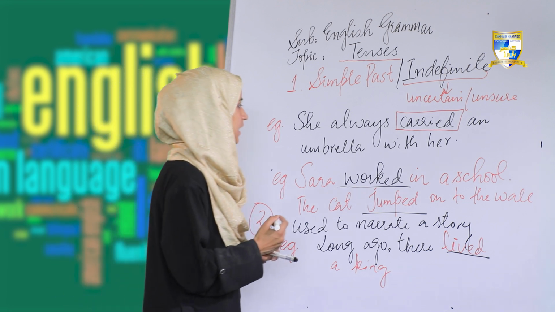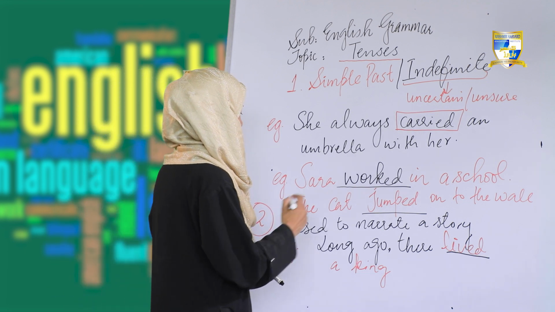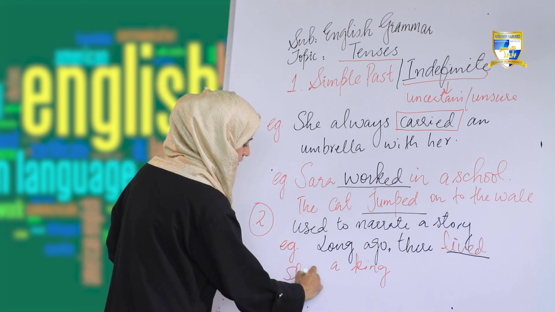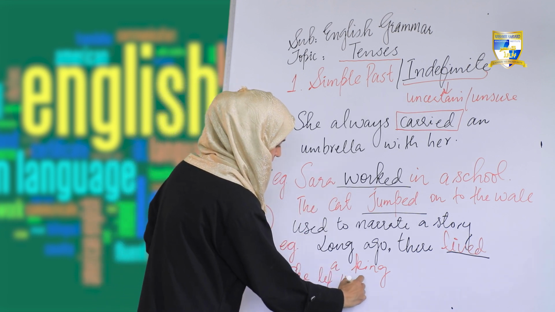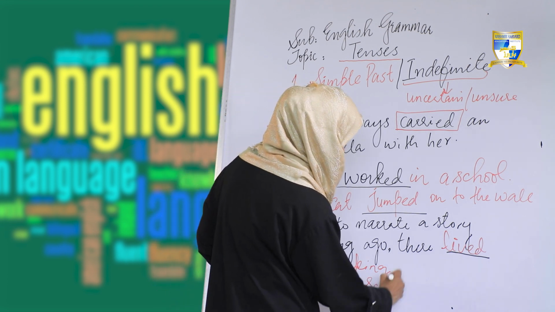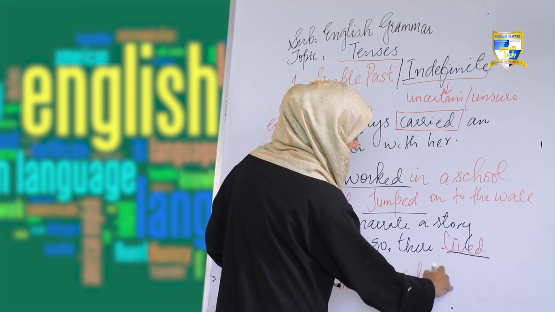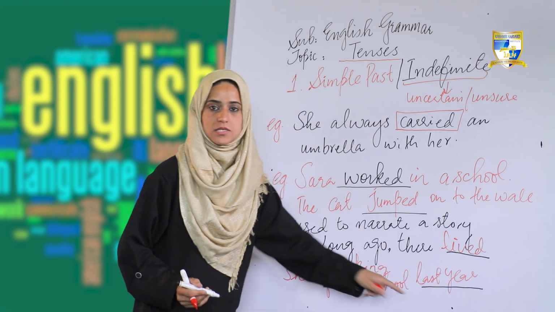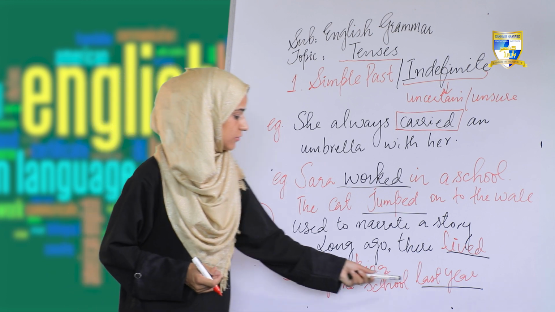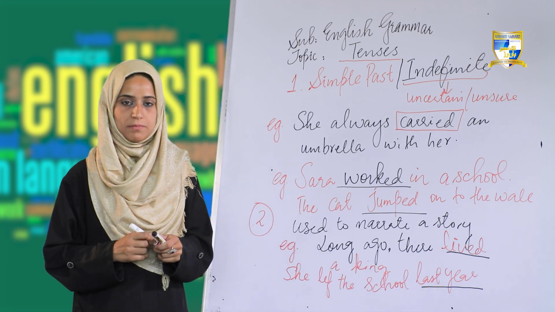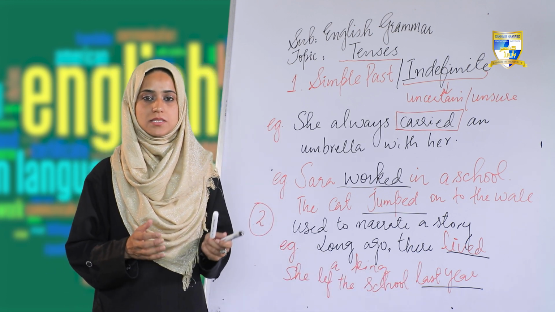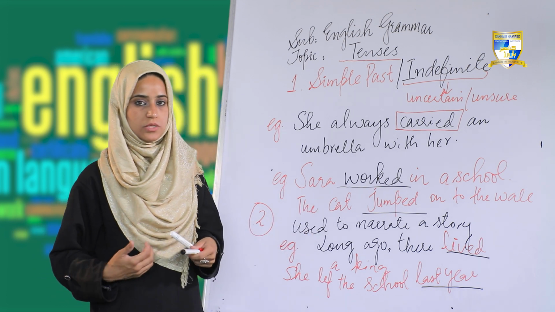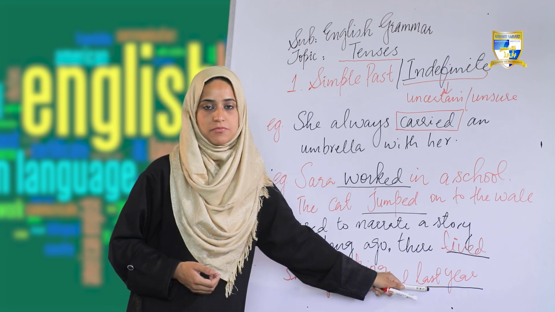For example, she left the school last year. Here I mention last year. This last year is the adverb of past time. So simple past tenses denote the time of an action that happened in the past and are usually followed by adverbs of past time.